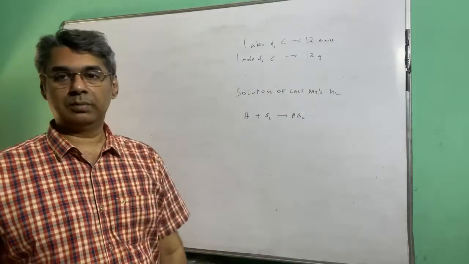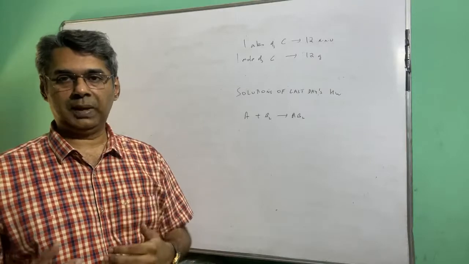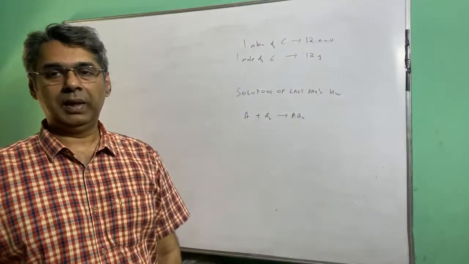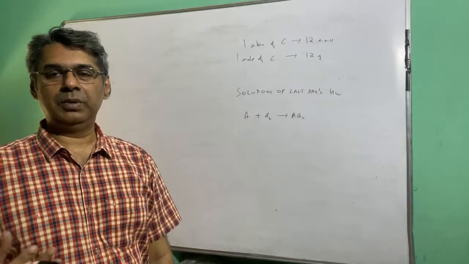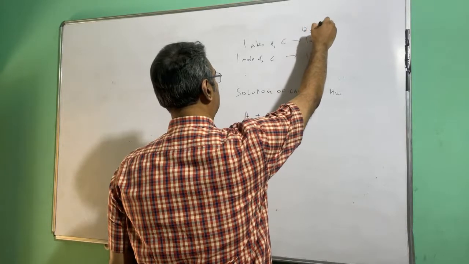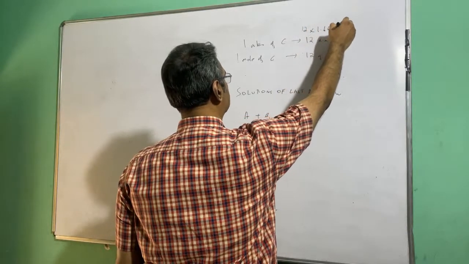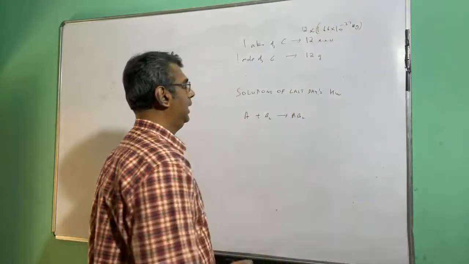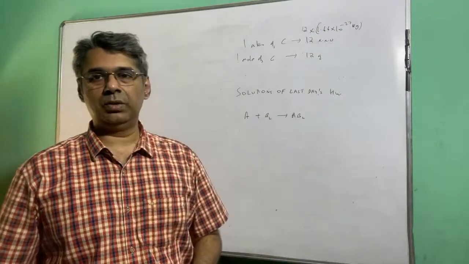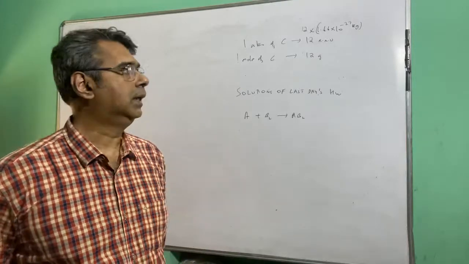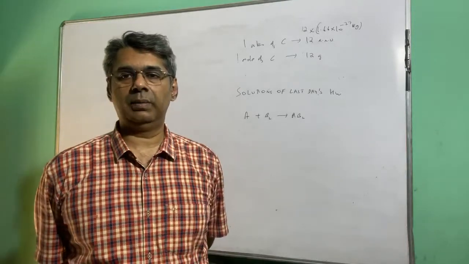So why do we use mole? Try to recall from your past that 1 atom is 12 AMU, but 12 AMU is too small. Just to give you an idea, AMU is 1.66 into 10 to the power minus 27 kg.